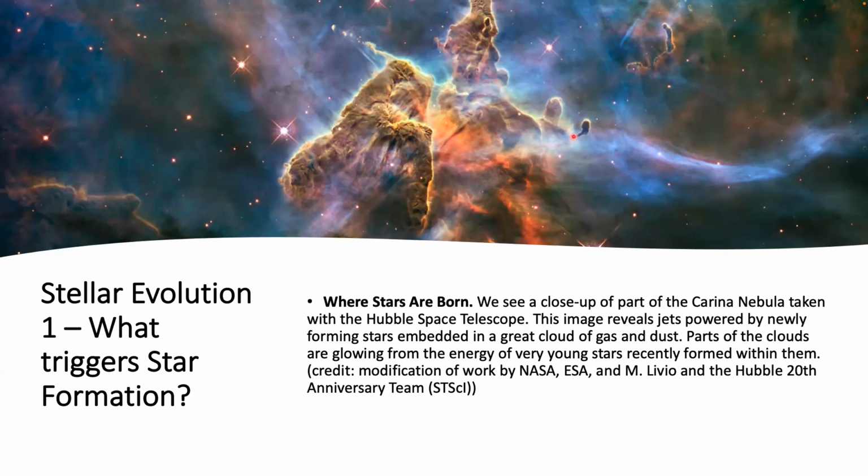So these are actually powered by newly forming stars, right? Embedded inside gas and dust. Now, what actually has happened is part of the clouds that you see here are glowing from the energy that these very young stars are emitting, right?